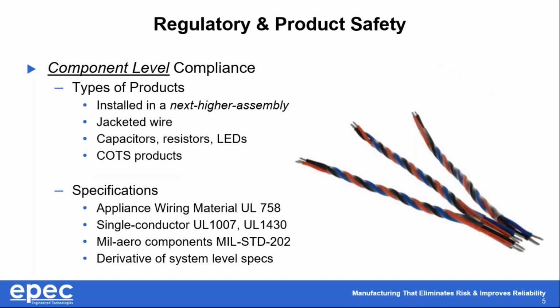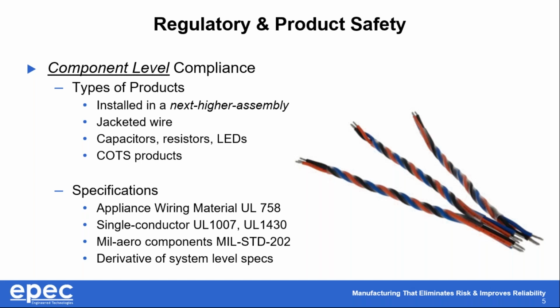Focusing more on the component level, these types of products must be installed in a next higher assembly for them to function. Some specific product types include jacketed wire, as shown on the screen here, surface-mounted devices like capacitors, LEDs, and even off-the-shelf products.